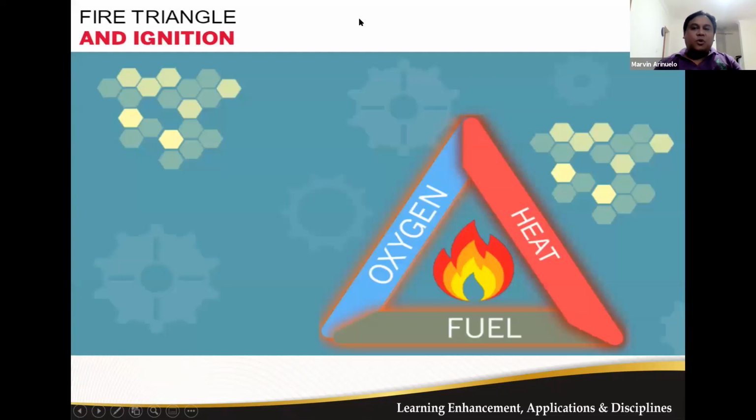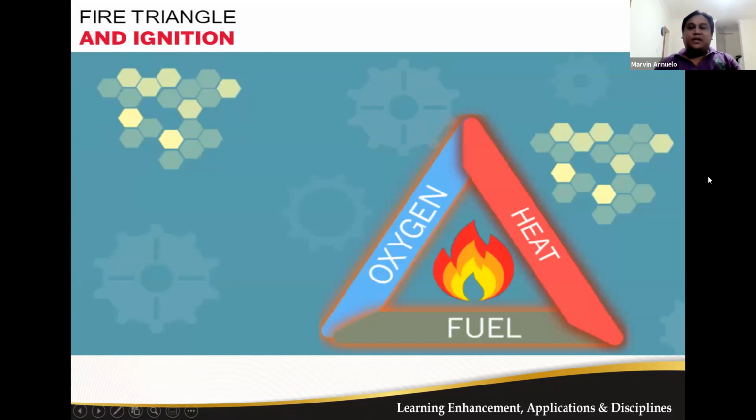The fire event occurs when all of those three components are present in the correct amount. That is the reason why the traditional fire extinguishing method involved removing one of the three necessary components, either the fuel, the heat, or oxygen. And in the absence of one of the components of this fire triangle, theoretically, there is no fire. There should be no fire.